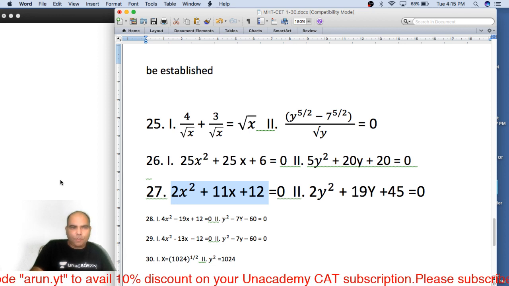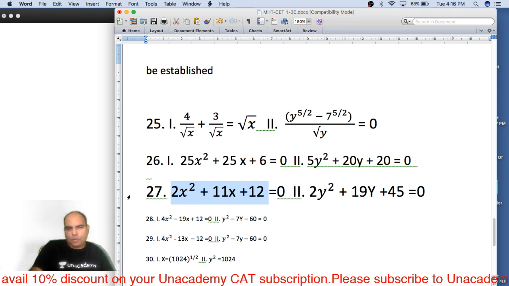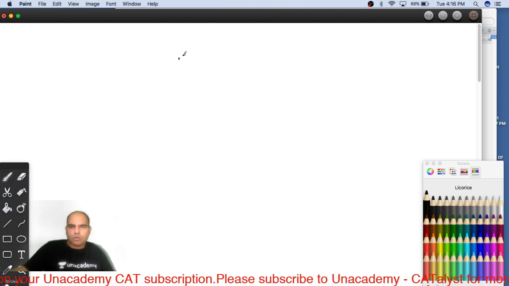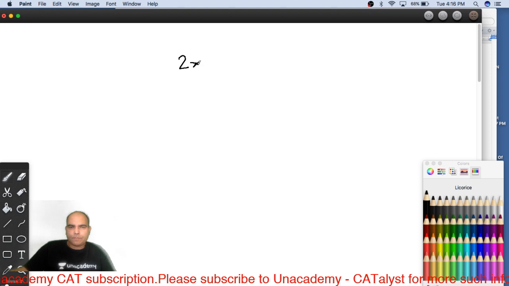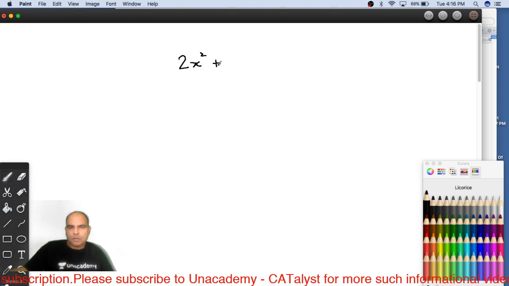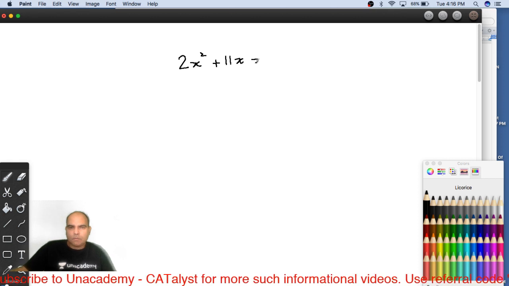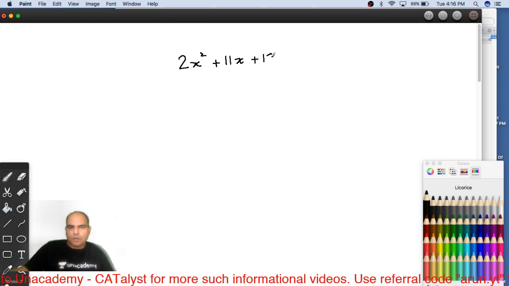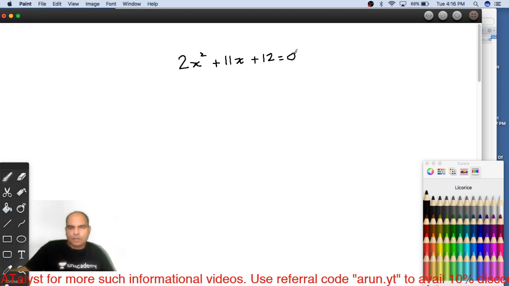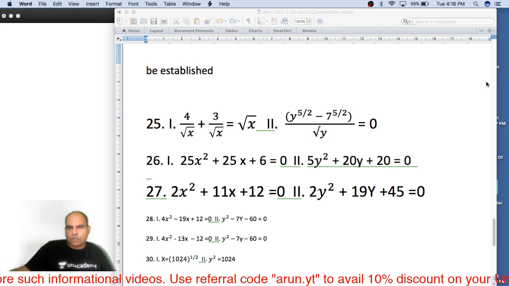So minus 0.4 minus 0.6 में splitting of middle term possible नहीं था, लेकिन इसमें अगर देखोगे 2x square plus 11x plus 12 is equal to 0, तो 2x square plus 11x plus 12 is equal to 0. इस question में you are able to split 2x square plus 11x plus 12 is equal to 0.